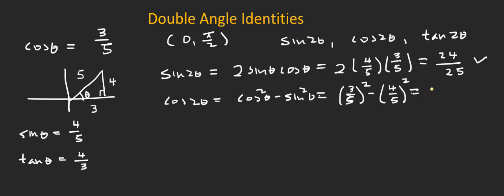You end up with 9 over 25 minus 16 over 25, which is negative 7 over 25. And that's cosine 2 theta. Now what about tangent 2 theta?